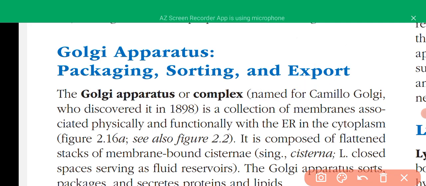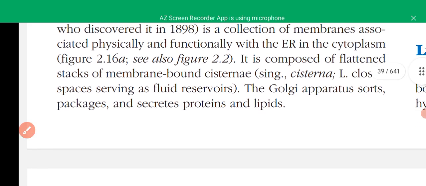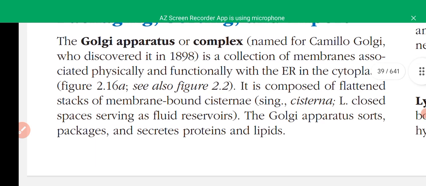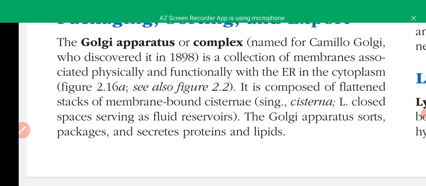Substances or proteins produced in the endoplasmic reticulum are transferred to the Golgi apparatus by transport vehicles. The Golgi apparatus sorts these proteins, packs them into particular vesicles and transports them either inside the cell, like lysosomes, or out of the cell, like insulin and different secretions.